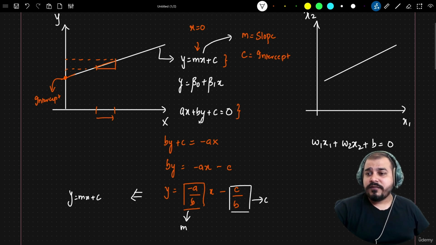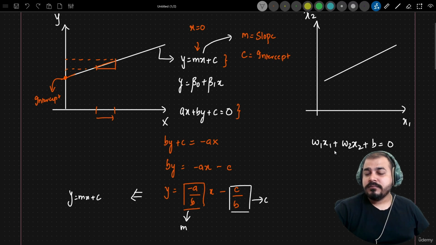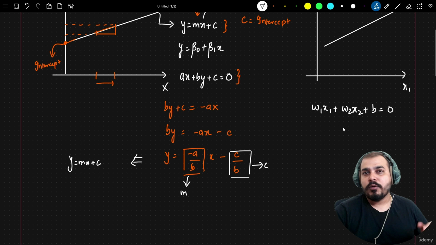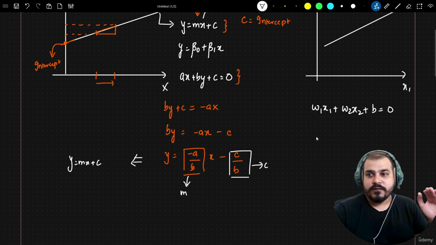Here you can see that instead of a I'm writing w1, instead of x I'm writing x1, instead of b I'm writing w2, and instead of y I'm writing x2, plus b is equal to 0. B basically becomes the intercept. Now you can see I have two important things. One is w1, w2, which are my coefficients.